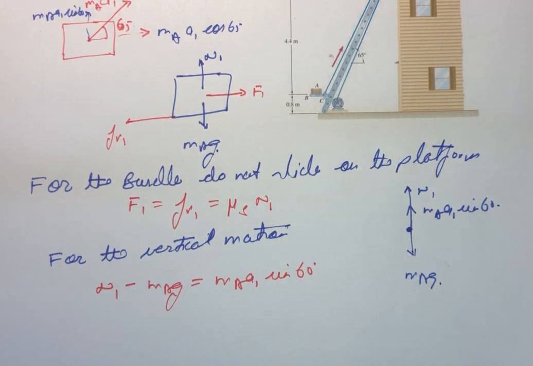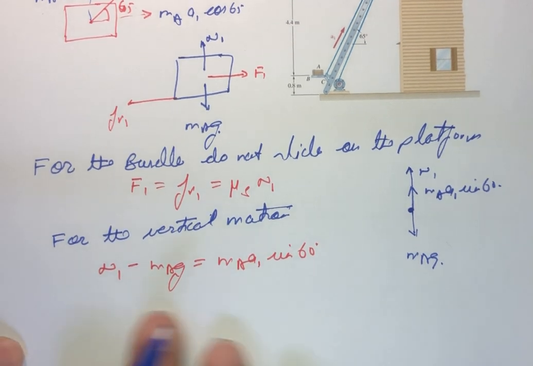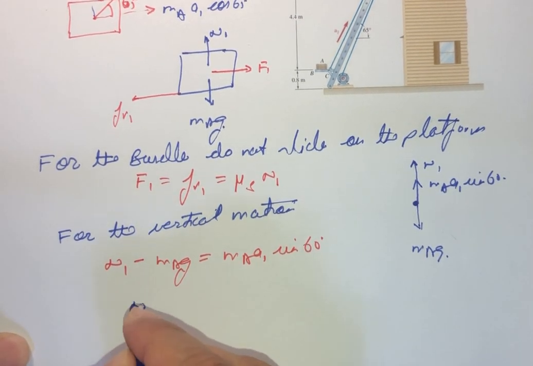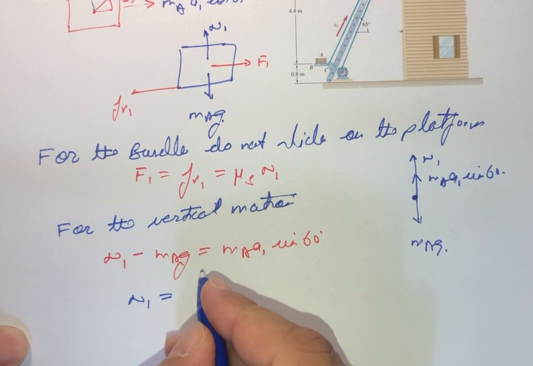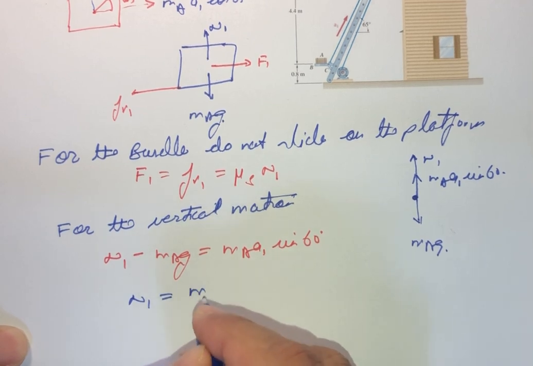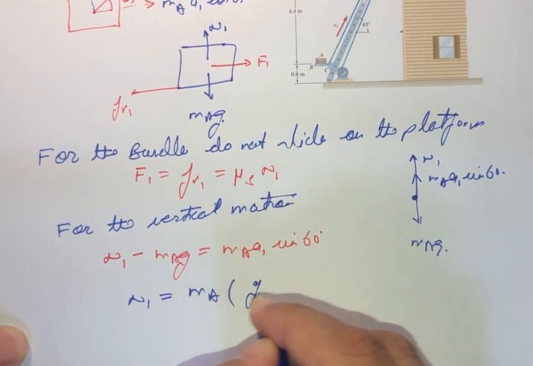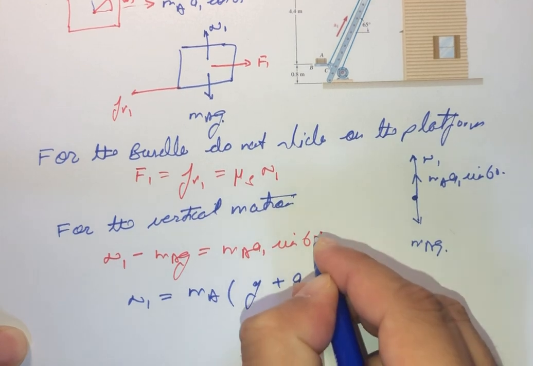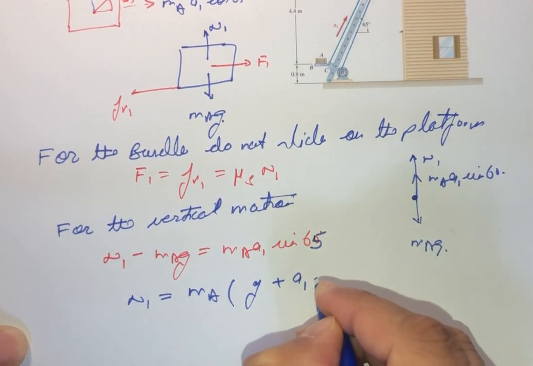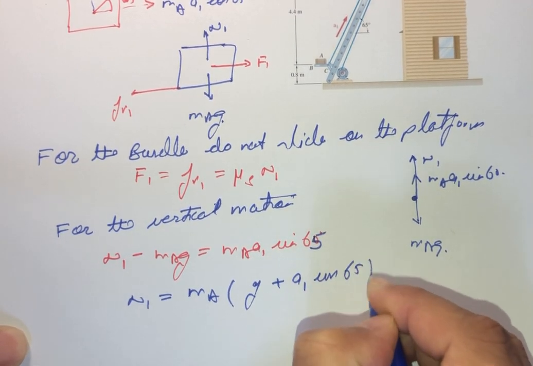From here we can write our equation for N1. So N1 will be equal to M_A, we can take it as common, so this will be g plus A1 sine of 65.